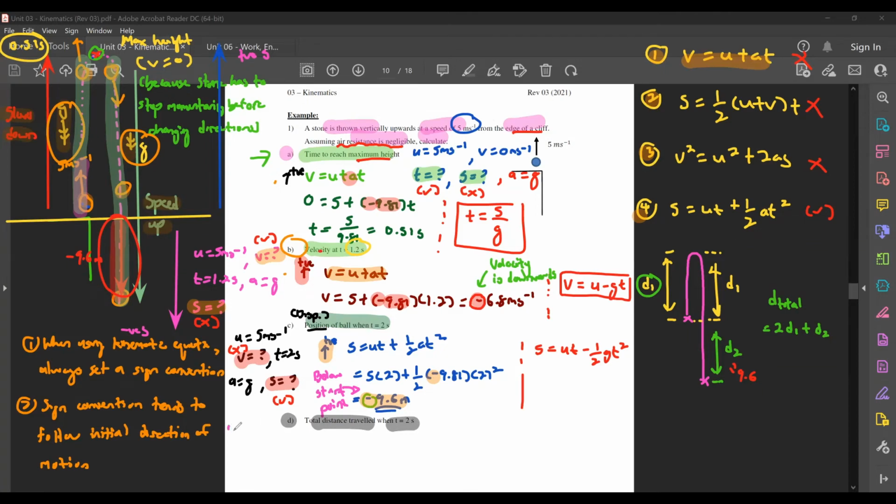You know that U is 5 meter per second, V is 0, A is equal to G, and T you already know because in the first part you found it as 0.51 seconds. Okay, so the next one that you want to find out is the displacement, or rather the distance now. So you only have one unknown here. Okay, so there's no other unknown that is not wanted.